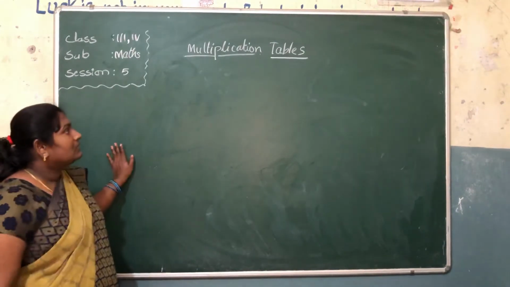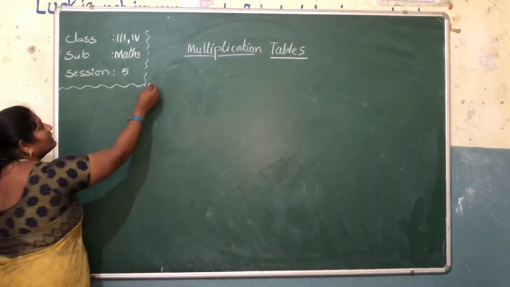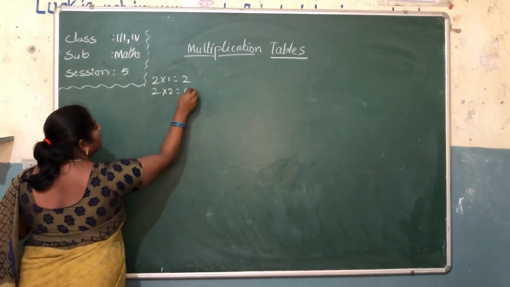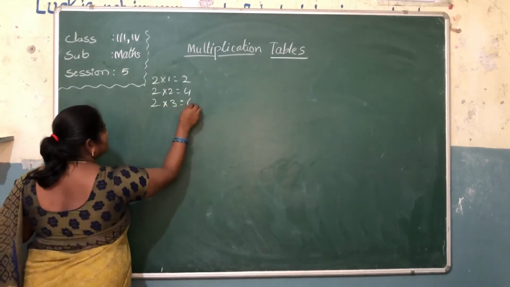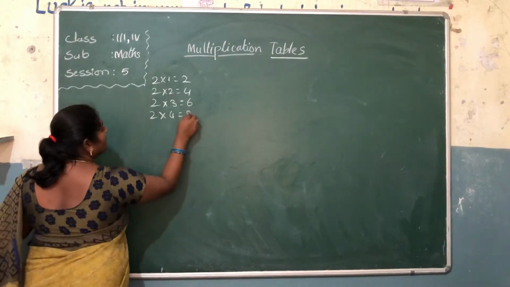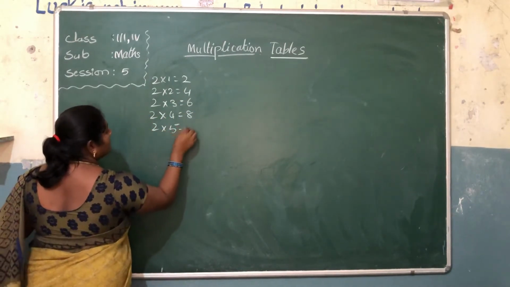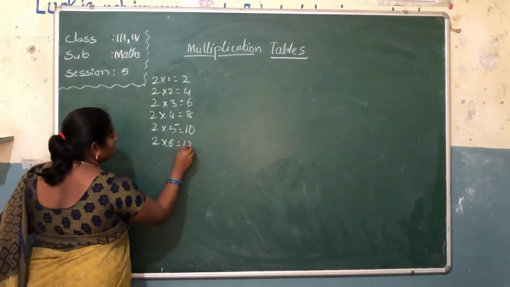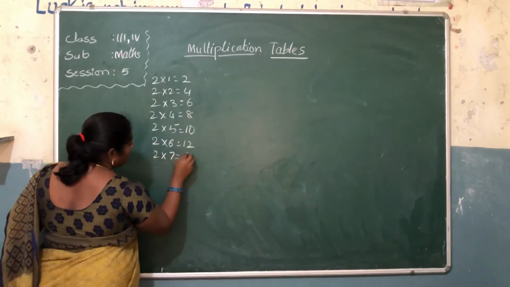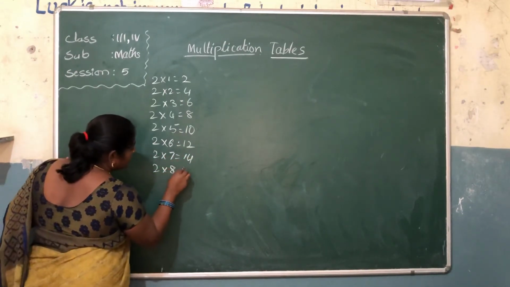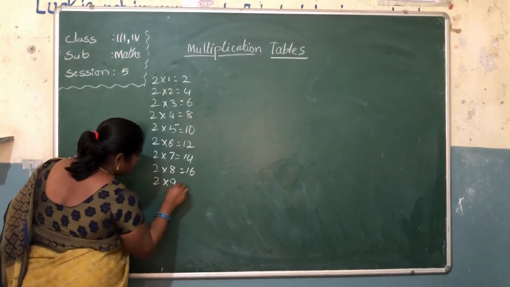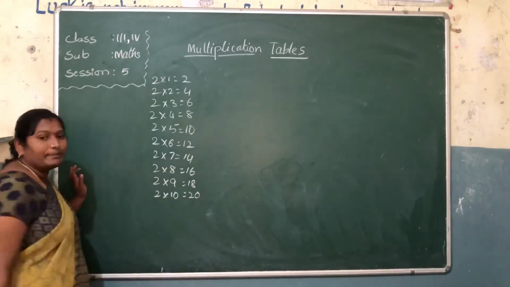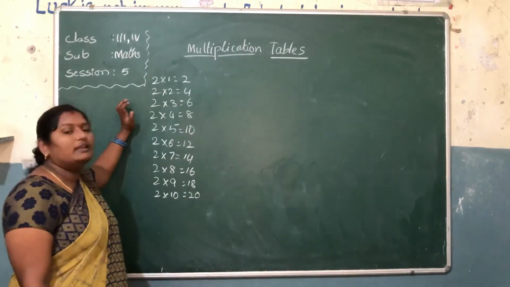First of all, see here, the 2 table. 2 ones are 2, 2 twos are 4, 2 threes are 6, 2 fours are 8, 2 fives are 10, 2 sixes are 12, 2 sevens are 14, 2 eights are 16, 2 nines are 18, 2 tens are 20. Have you opened your books? Yes, open and write down.